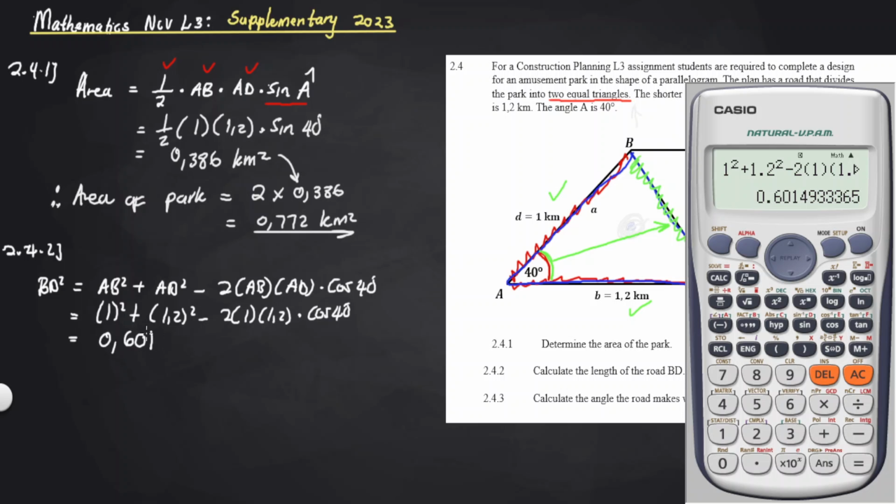This is not the final answer, by the way. It's still BD squared, so we take the square root on both sides.